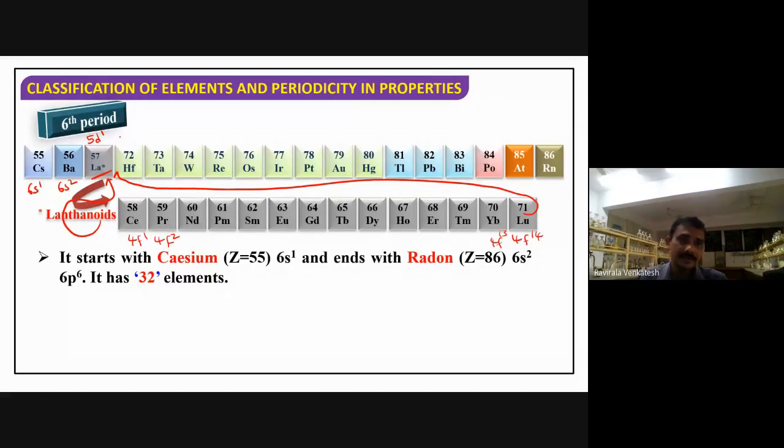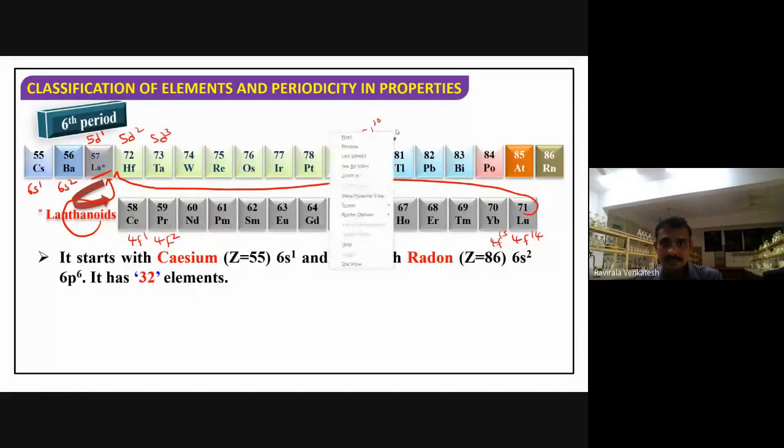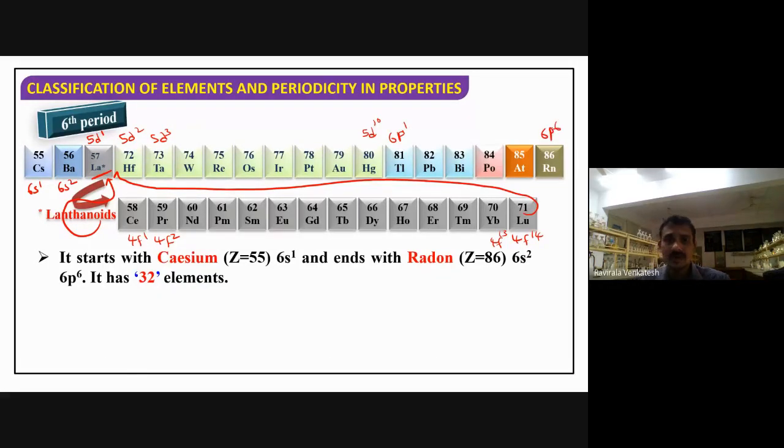Again, you will get 5d2, 5d3, up to 5d10. Next it will get 6p1 up to 6p6. In this way, you have to fill the electrons.